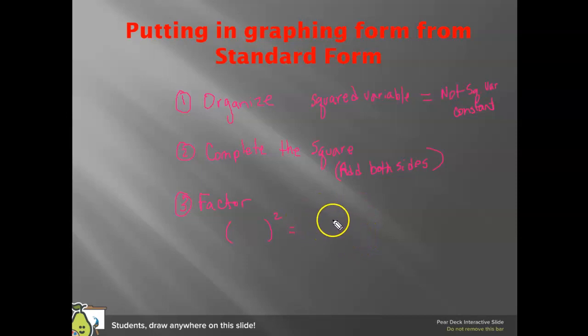If you recall, looking at whatever variable was over here and wasn't squared, it has to have a coefficient of 1. So that means whatever the coefficient is in front of this variable, we're going to have to factor it out of the binomial because this has to have a coefficient of 1. So we're going to organize, we're going to complete the square, and then we're going to factor.